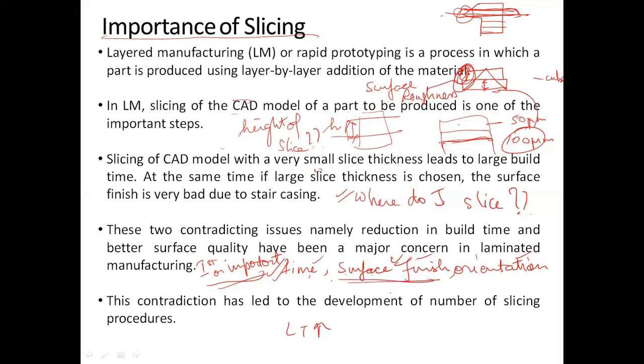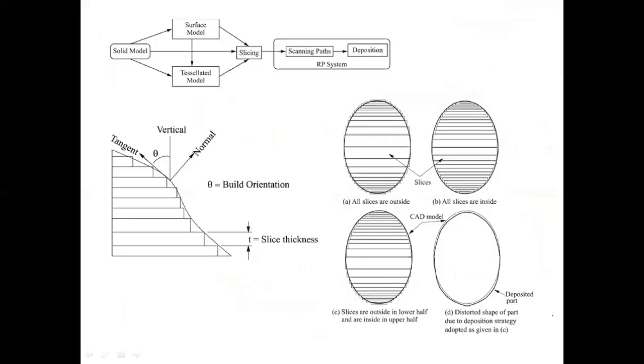So in order to maximize surface finish, the layer thickness has to be decreased. The moment I decrease layer thickness, build time is going to increase. So every process here leads to a contradiction of a sort between quality and time. These are the two primary criteria that I have to juggle during the slicing process.